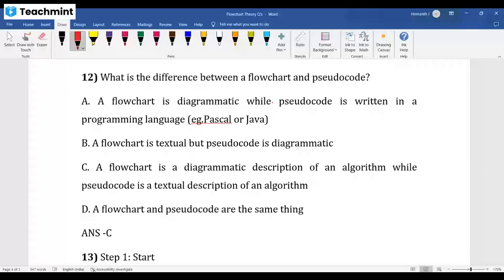Both are not the same thing. Flowchart is a diagrammatic description of an algorithm, whereas pseudocode is a textual description of an algorithm. This is perfect, right? Pseudocode is a textual description, flowchart is diagram oriented. But this is not in a particular language. Pseudocode is independent of any programming language, right?